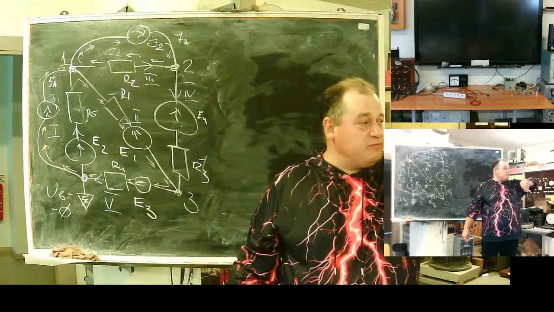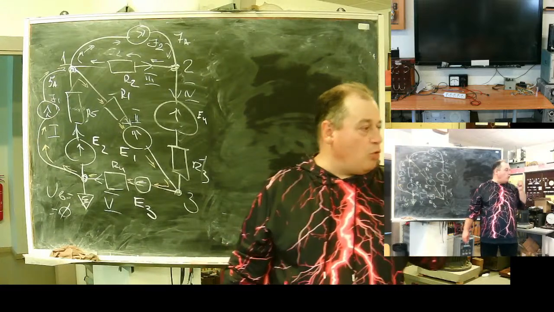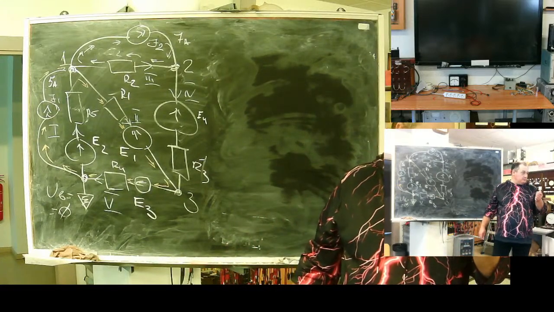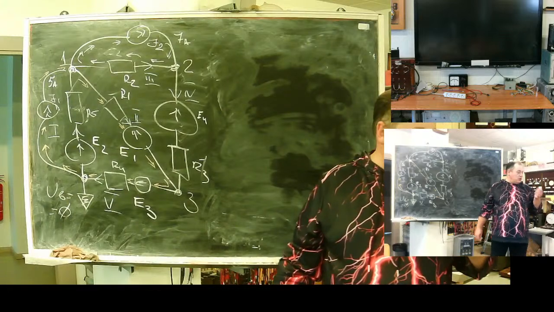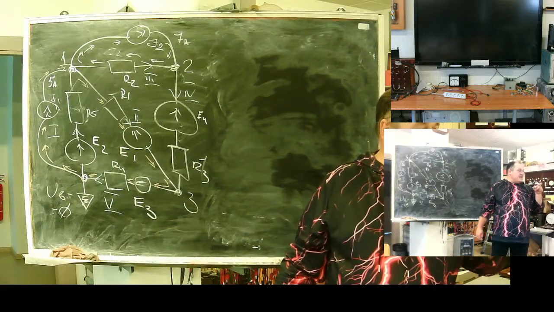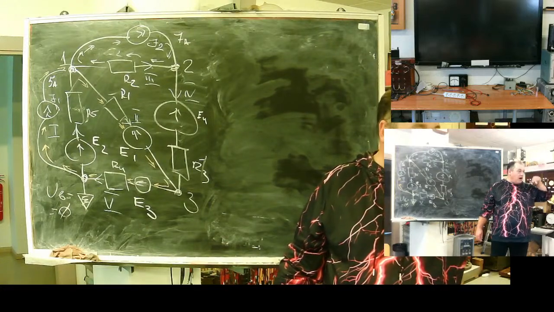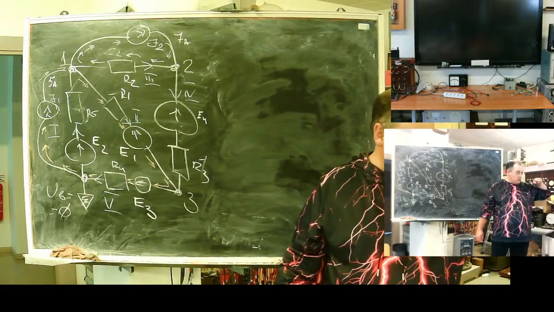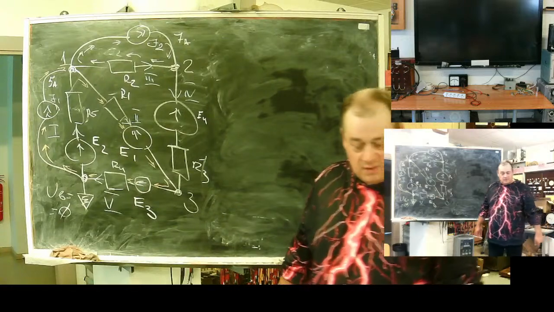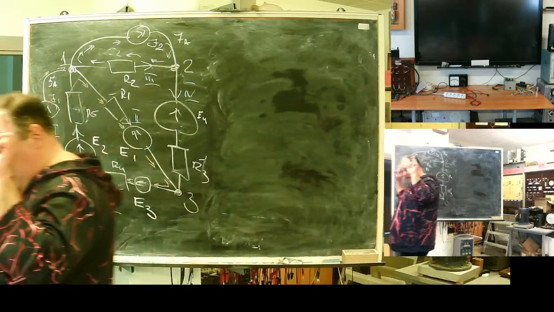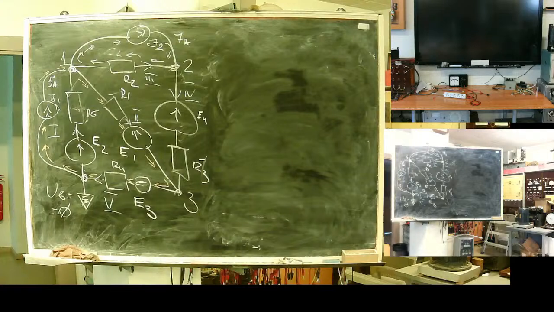It means we are looking at a closed contour. So a contour is a set of branches creating a closed loop or round travel route. If an imaginary traveler can return to the start point, it's a closed loop.